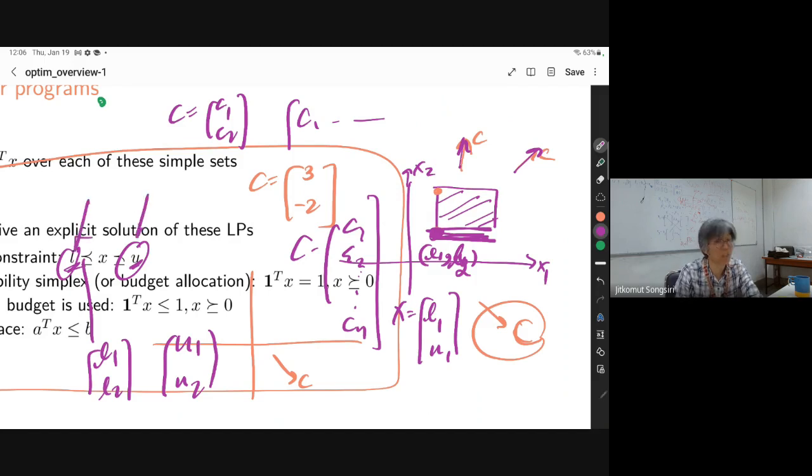Does it matter about the sign of L and U? I mean, the signs of L and U can be mixed, can be both negative and non-negative. Got it? Like L can be minus 1, 2, 3, 4, right? U can be 5, 3, and then 10. Like the sign can be mixed in the vector L.